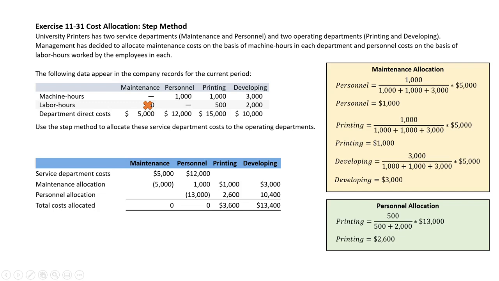You could also have said 2,000 hours relative to 2,500, or 4/5 of the $13,000, and also come up with the $10,400 allocated to developing. And that is our step method. Again, first allocating maintenance, a portion of it going to personnel, and then finally the total personnel cost allocated to our remaining operating departments.